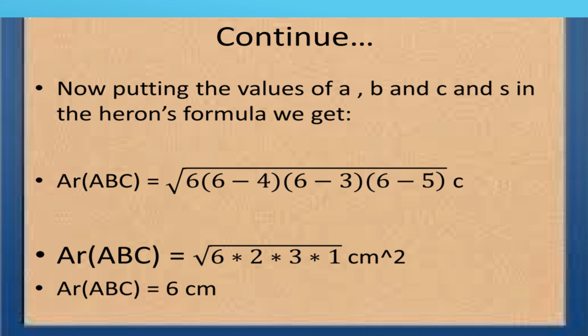This implies the area of triangle ABC is equal to square root of 6 into 2 into 3 into 1, that is the square root of 36 centimeter square. This implies the area of the triangle is equal to 6 centimeter square. Understood, my children?